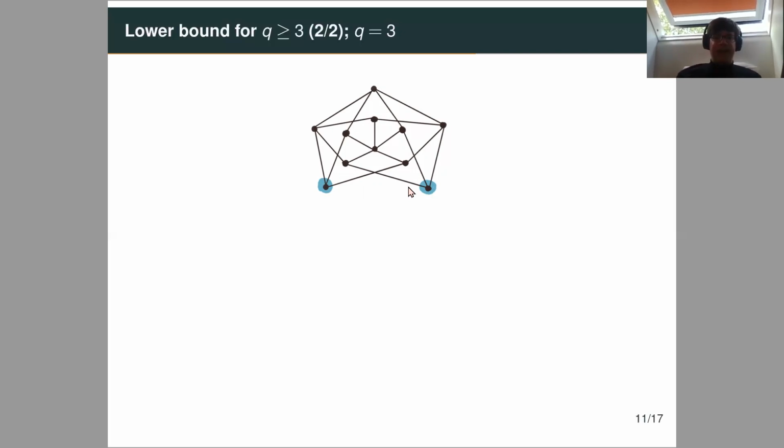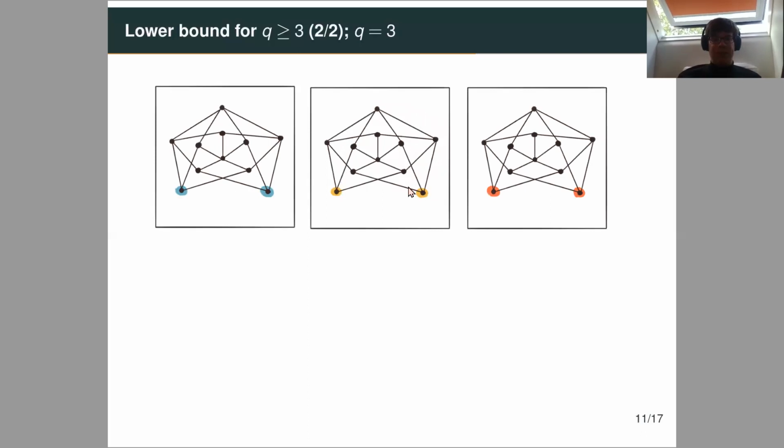So now the idea is that we get 3 copies of this guy such that each of these copies is responsible for blocking 1 color from the list of a vertex. All right, and this is obtained as follows. So first we have to make sure that each of them is responsible for a different color, right? So we have to connect these copies somehow, but again, we have to make sure that we don't introduce any triangles.